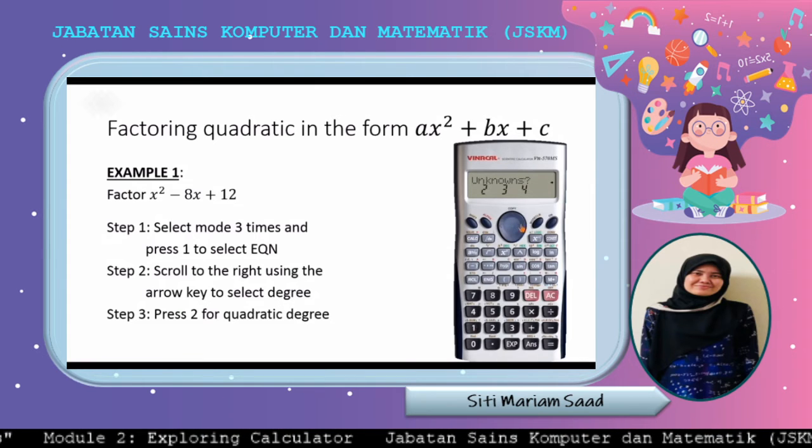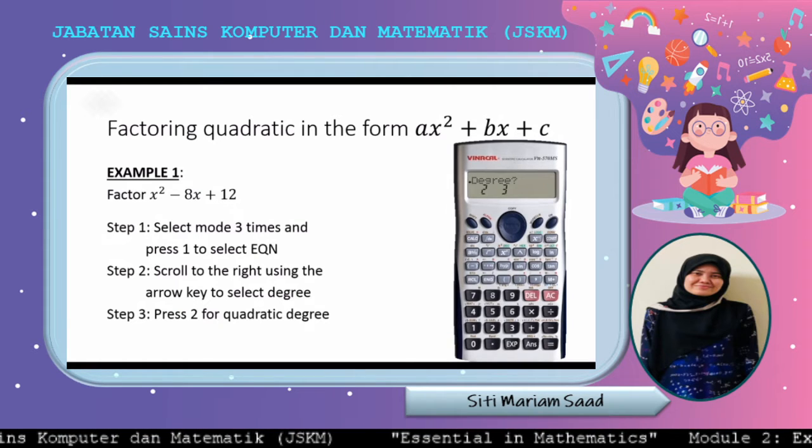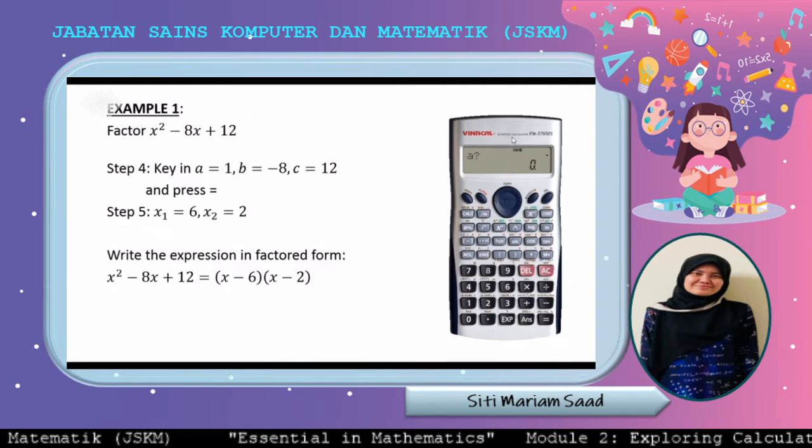For factoring, we scroll the arrow key to the right. Here we have two choices for degree. For quadratic, we press 2. Then for the next step, we key in the coefficients of the quadratic, the values of a, b and c.